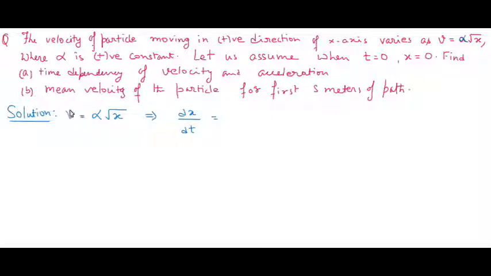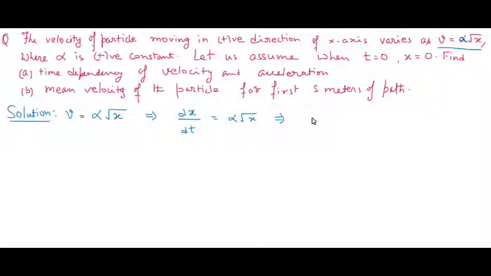So this was v actually. Here it is given v = α√x, and we can write v as dx/dt, so dx/dt = α√x. Again, we can integrate both sides, but before integration, let us simplify.